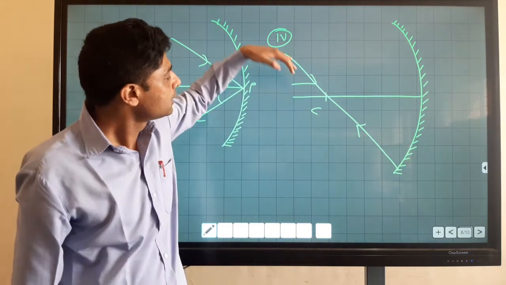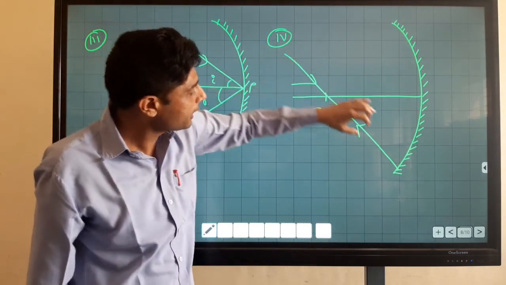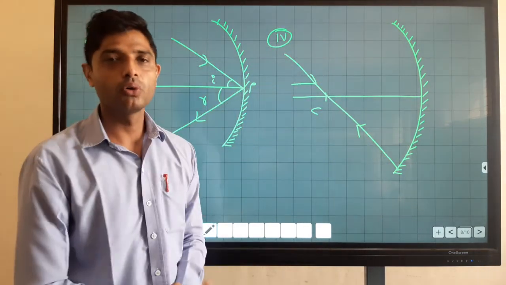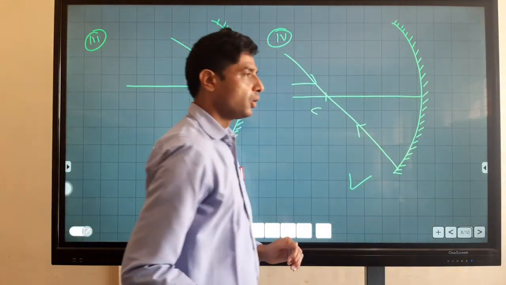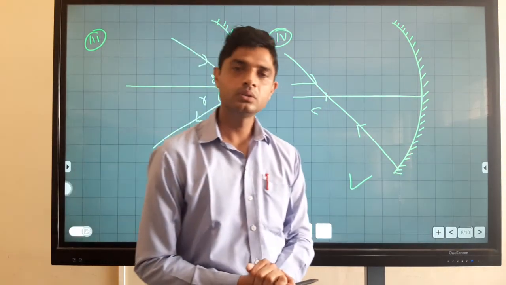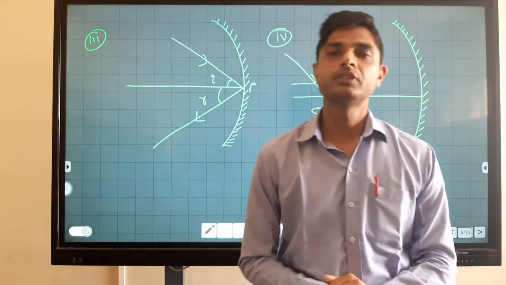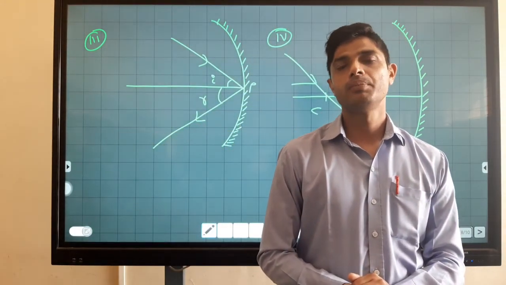It means the ray of light is reflected back by following the same path. These are the four rules to use in image formation by a spherical mirror.